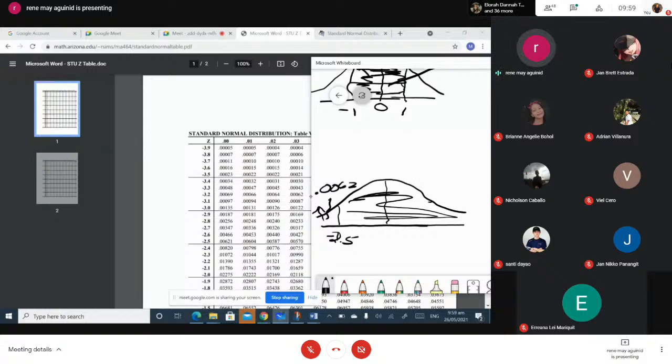And pila ganit ni tanan? 1, di ba? So unsay buhaton ani? Para makuha nimo ning area dire, kaning area nga gi-shade, walay labot ning dire. Left of -2.5. We are after of the right sa -2.5 up to the positive infinity.